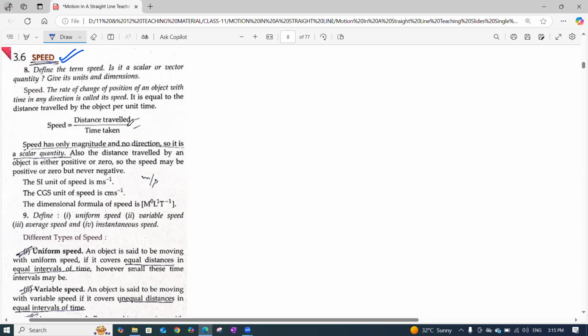Consider there is a body which is starting its journey from A, then it went to B, then again it went to C, then to D, and so on. To travel from A to B, it will travel some distance and it will take some time.